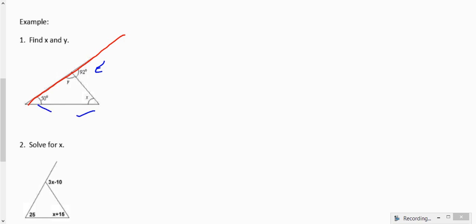And what it's telling us is that if you take the two remote interior angles, 50 and x, and add them together, you will get the exterior angle measurement. Again, we're all about in geometry making relationships into equations so we can solve them. If we subtract the 50, then x is 42.